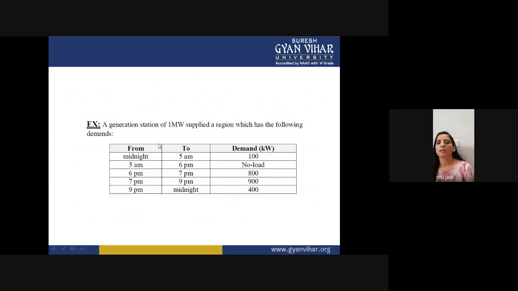The generating station of 1 megawatt means 1 megawatt is the installed capacity of the power plant. It can generate 1 megawatt of power.